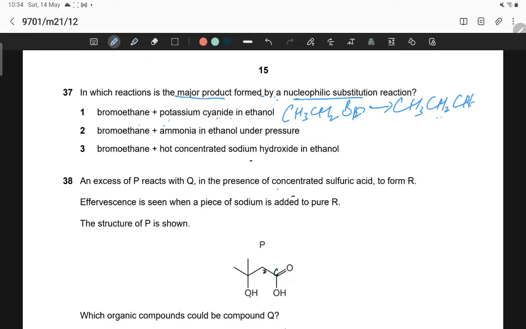So this is nucleophilic substitution. This is the major product, so this option is correct. Bromoethane plus ammonia in ethanol under pressure.